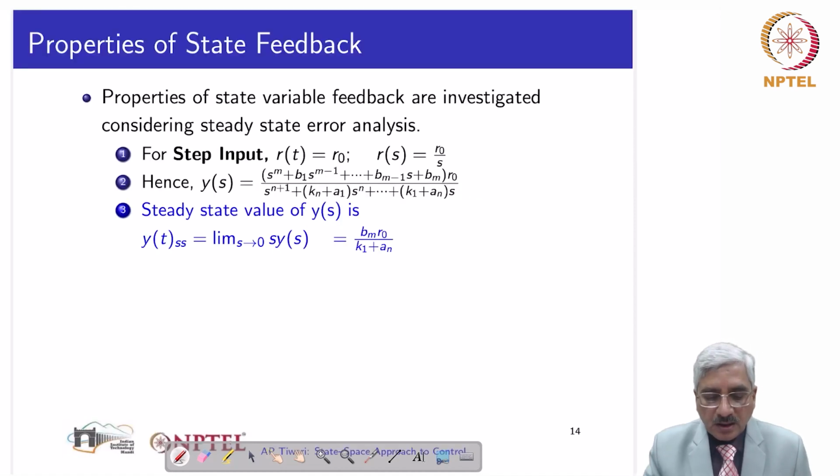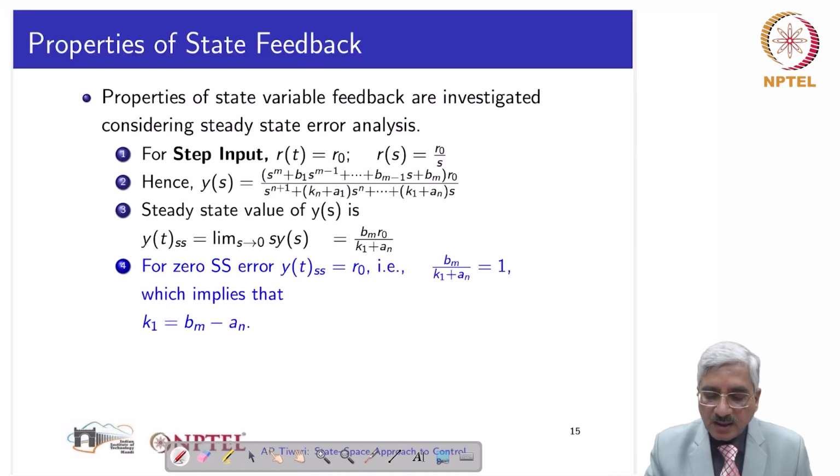And so the steady state value of y(t), t tending to infinity, will be given by limit s tending to 0 of s Y(s). This is the final value theorem. And when we do this substitution here, we get that when steady state is achieved, the steady state value of y is this.